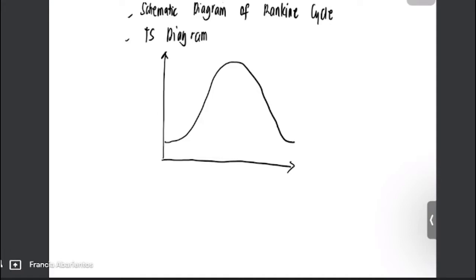So, we have TS. Ano yung given sa ating class? We have the pressure at point 1. This is the pressure line. This is also the pressure at point 2. Since given sa problem, this is your TS.